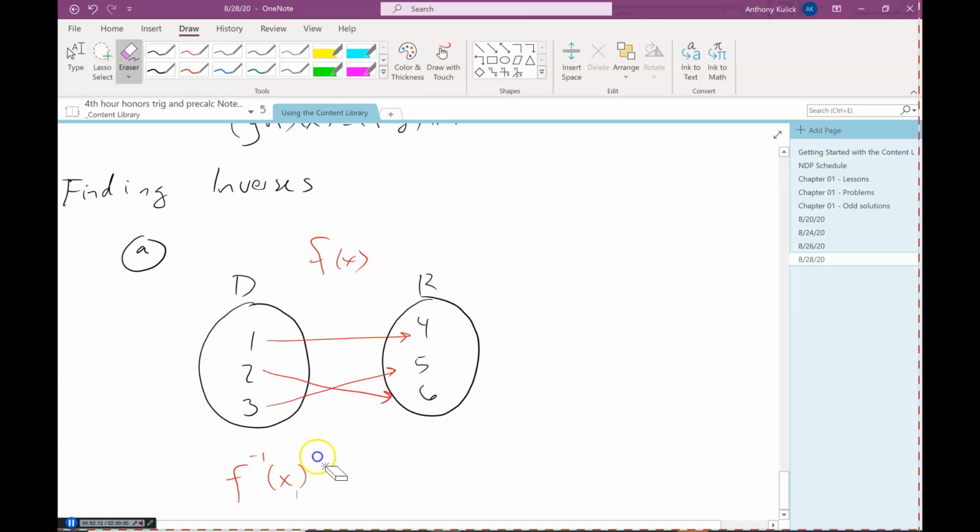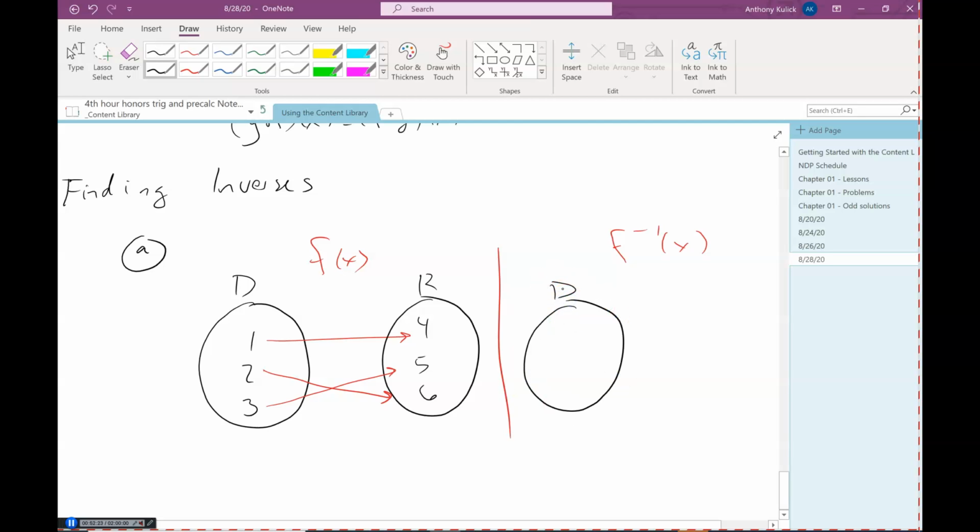what would the inverse, let's write over here. What would the inverse of f of x look like? What would its domain contain? Contain 4, 5, 6. And what would its range contain? 1, 2, 3. Where would 4 have to go to?